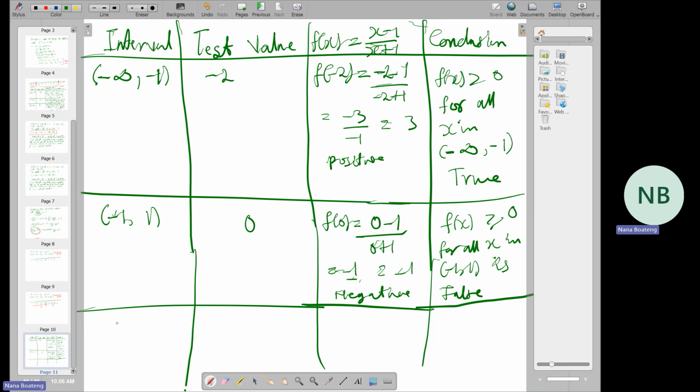All right, so then the last interval is 1 to infinity. And so we pick a test value of 2.